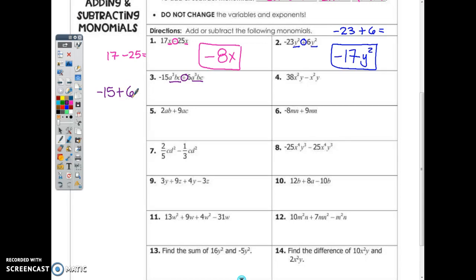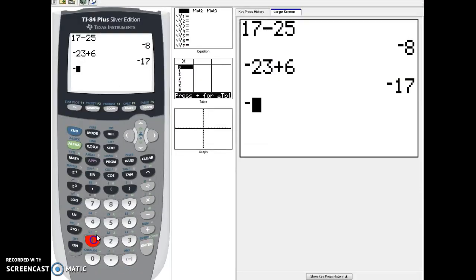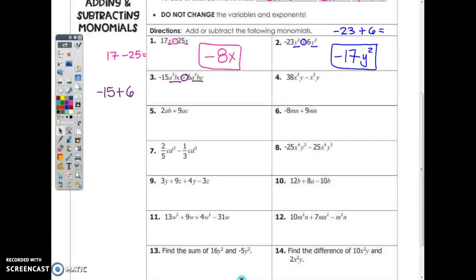You don't put in any letters. Okay, so your answer is negative 9, a to the third power, b, c. Whatever they both have in common, that's what you write down.